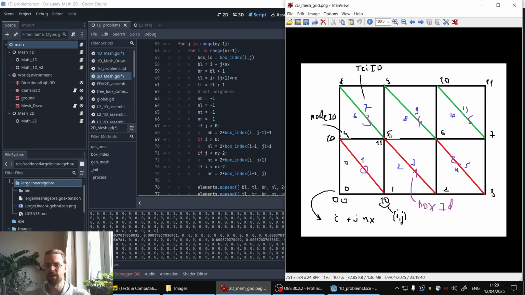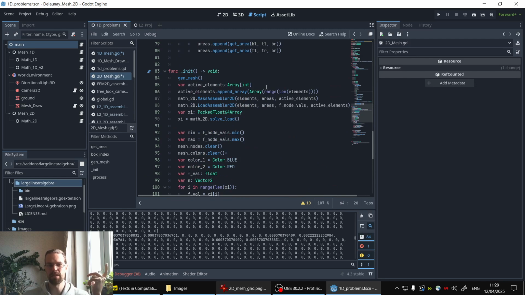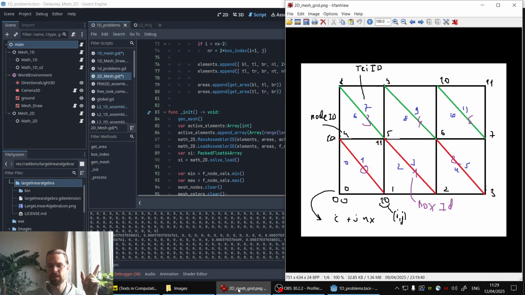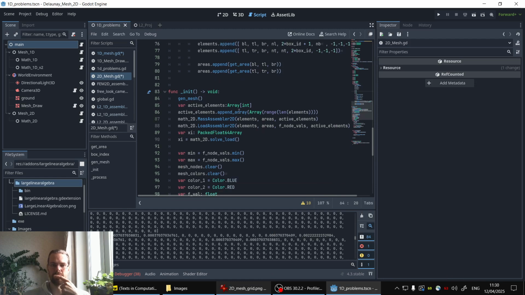It's 5 minus 1, everything times 2, because there are 2 triangles. Anyway, you can easily reconstruct it. And that's basically what we get. Our regular mesh, equal triangles. I have only active elements because we didn't do any refinement.